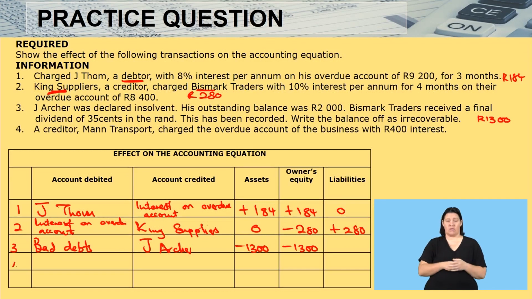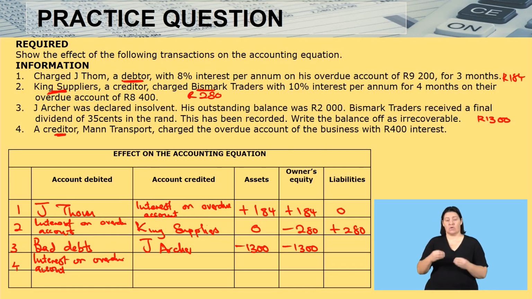Then the fourth one, which is number 4, says a creditor, Man Transport, charged the overdue account of the business with 400 interest. The account to be debited in this case is interest on overdue account. And this interest is being charged by a creditor. So this becomes interest expense. So I'll say interest on overdue account.